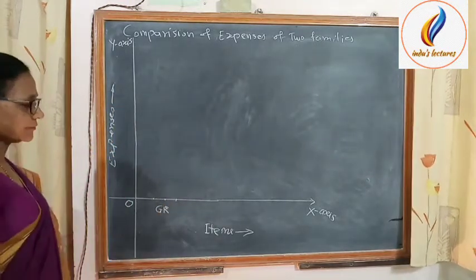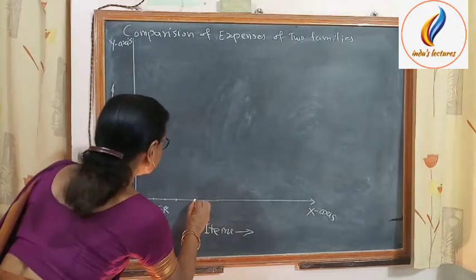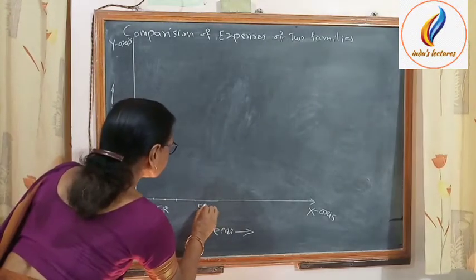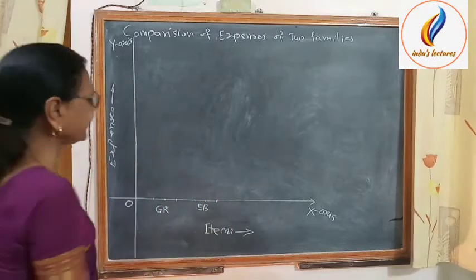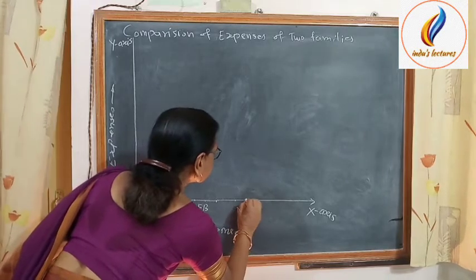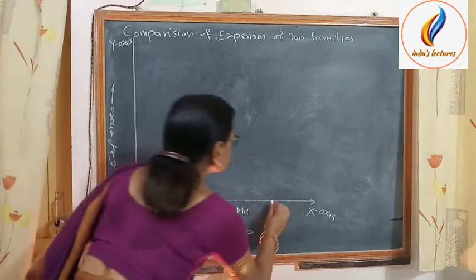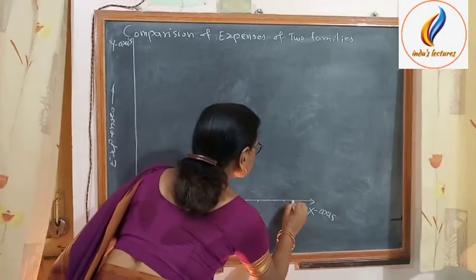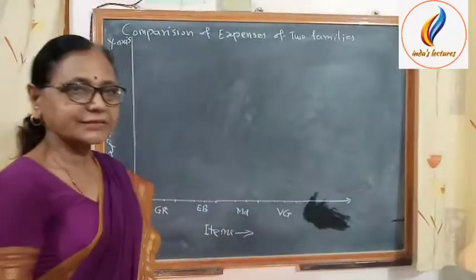Like this. Then the next item is electricity bill, so we will use EB. Then medicine, for which we will use MD. Then vegetables, VG for vegetables. And next is clothing.